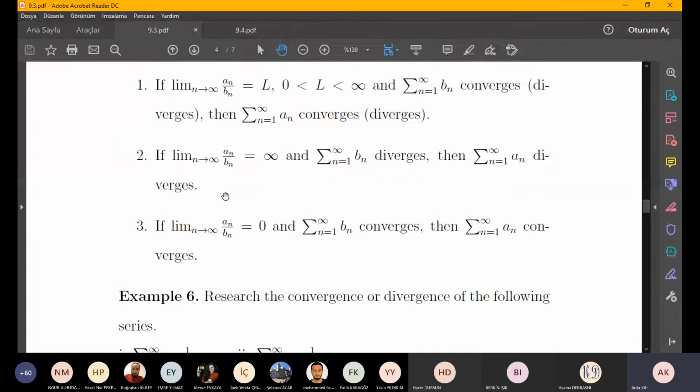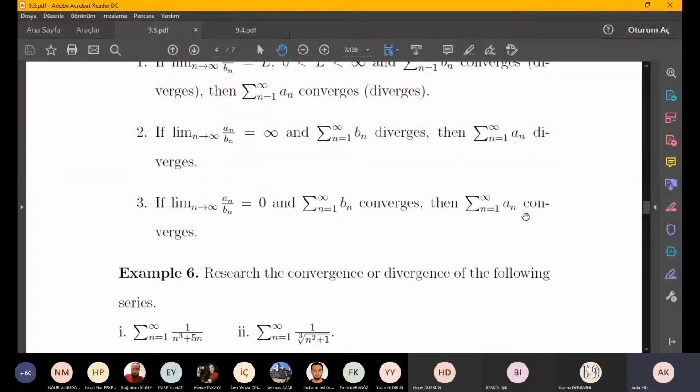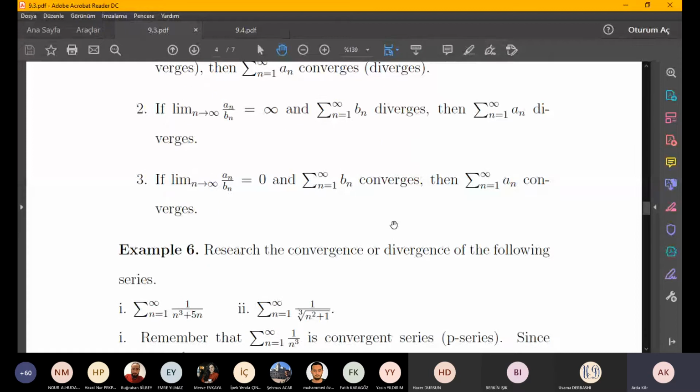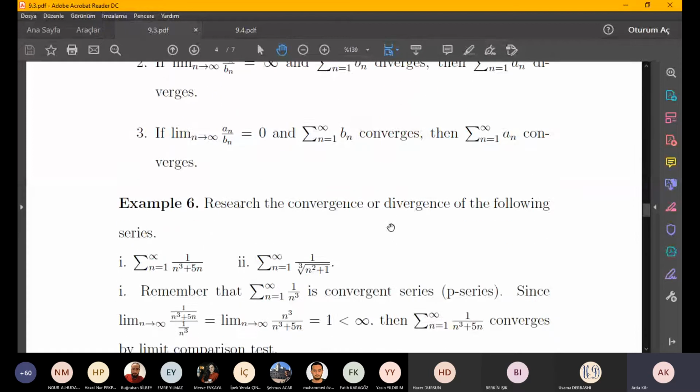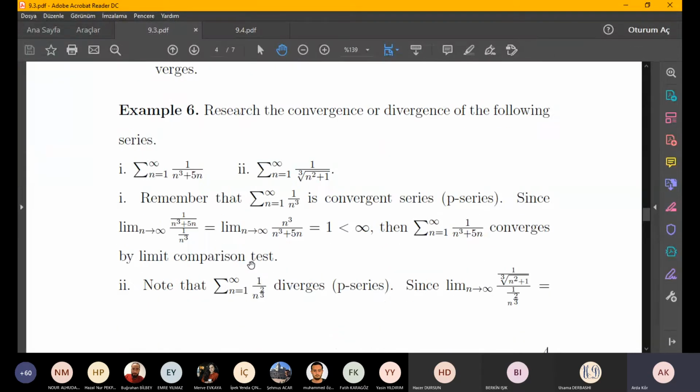The third one, when the limit of that quotient is 0, and the series b_n is convergent, then that gives the behavior of a_n is also convergent. Let's give examples for this one.